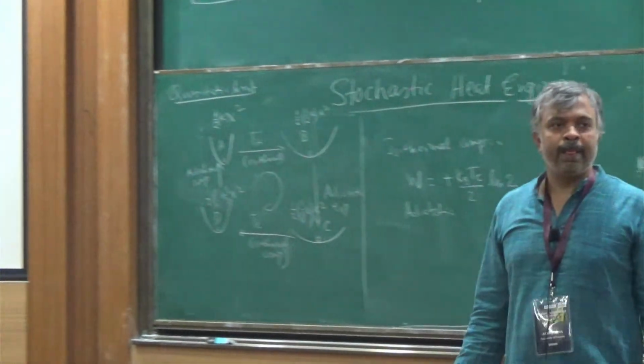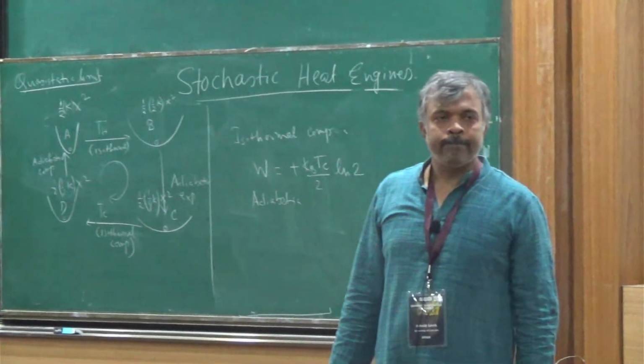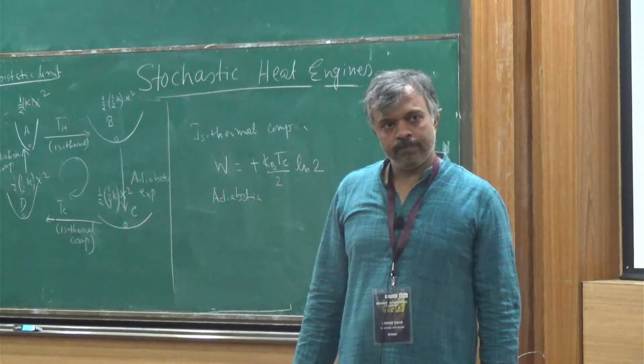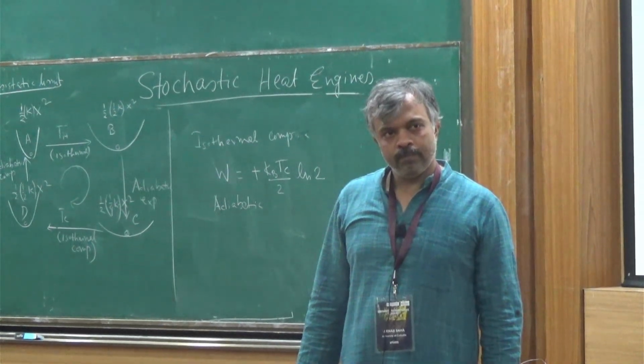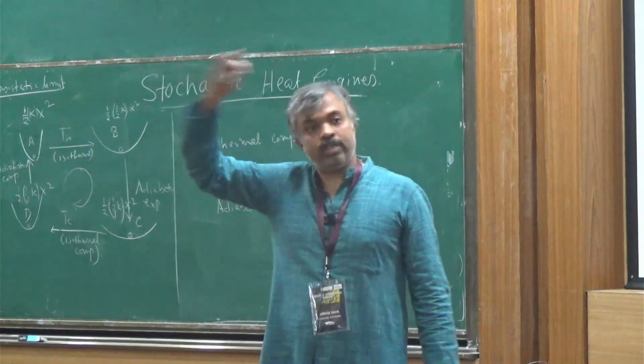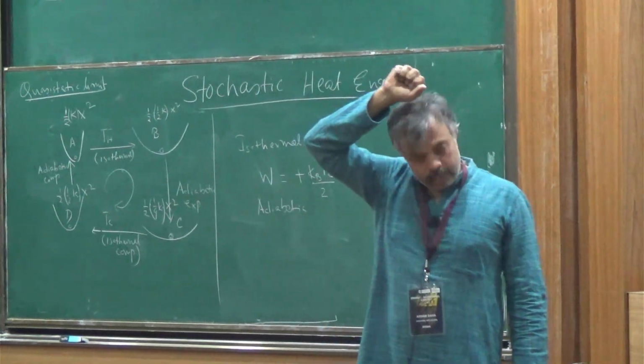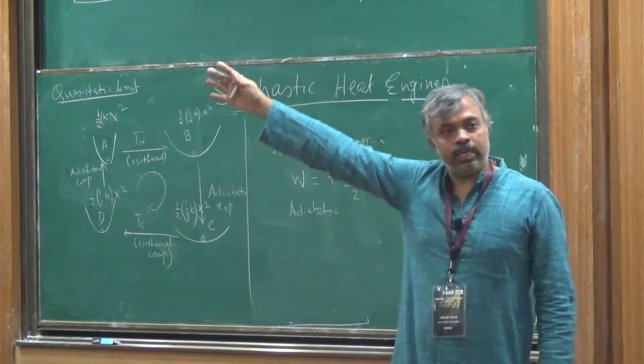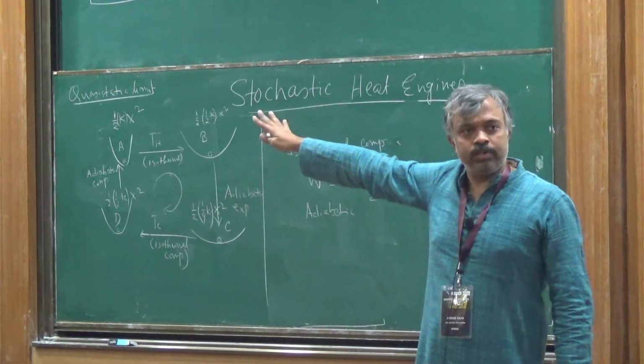You said the cycle time has to be typically much larger than the relaxation time, because it has time to cool down to that temperature. Yes, the cycle time has to be much larger. In this limit, all the calculations are done.